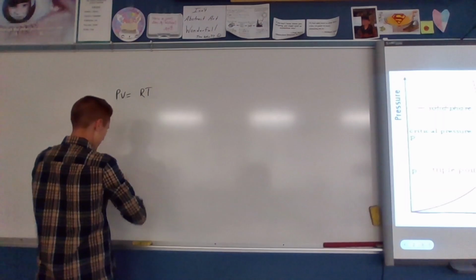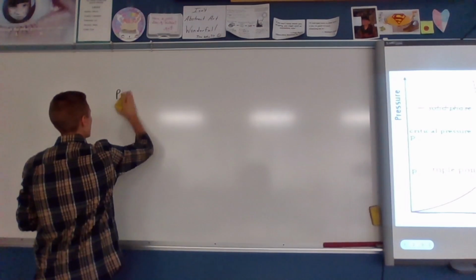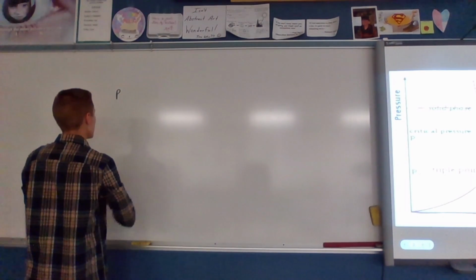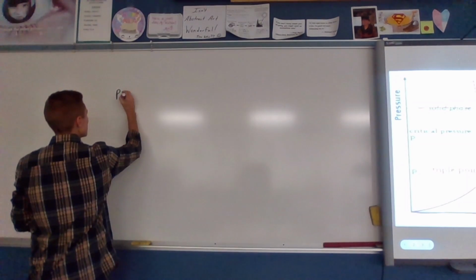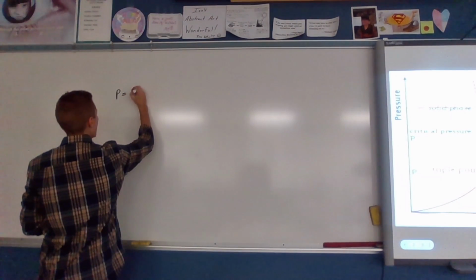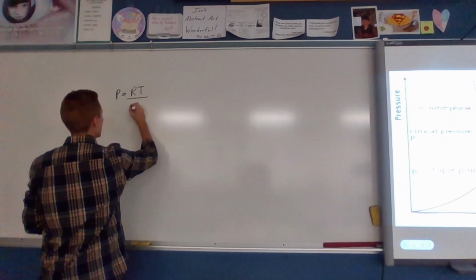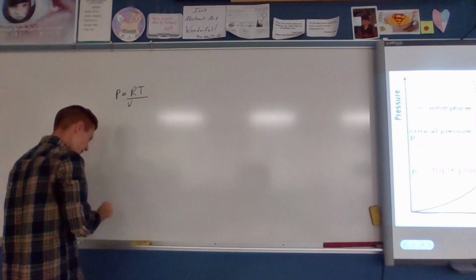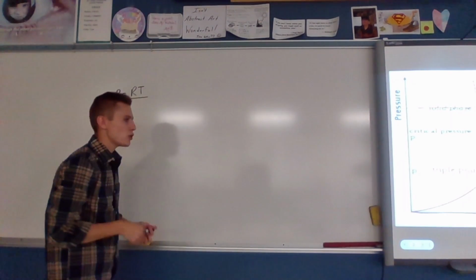So we can rewrite this equation and say that P, our pressure, is equal to RT over V. Now, let's use the example of a container.